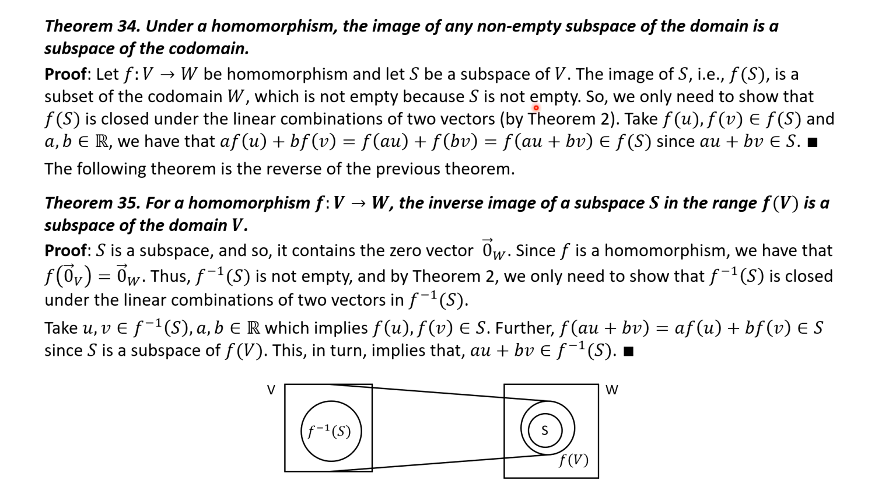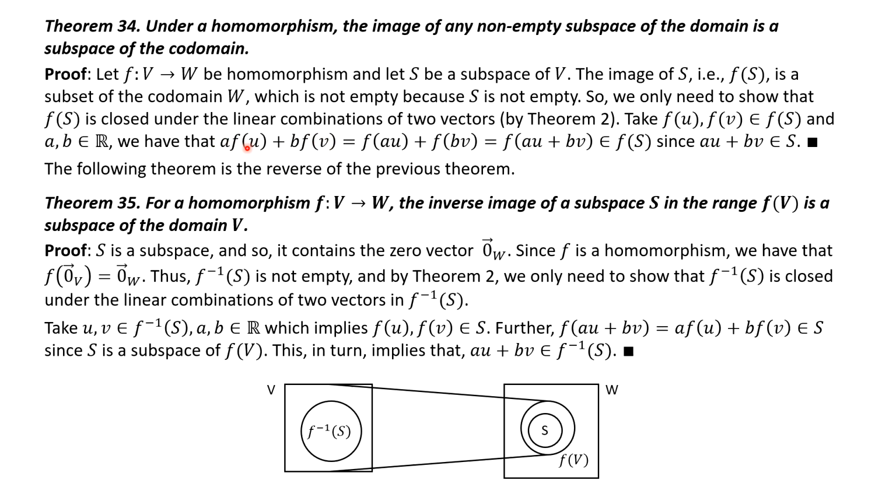And since S is not empty, we can make use of theorem 2, which we already used once in our previous theorem, to have a shortcut in determining that F of S is a subspace. We just need to show that it's closed under linear combinations. So we take two elements from F of S and scalars a and b. We take the linear combination of these two elements.